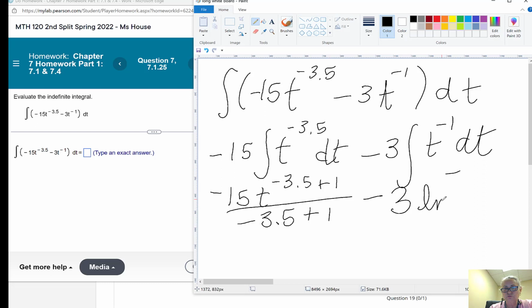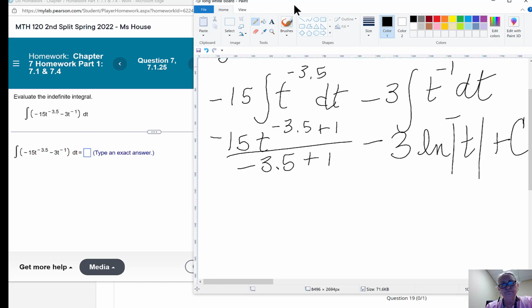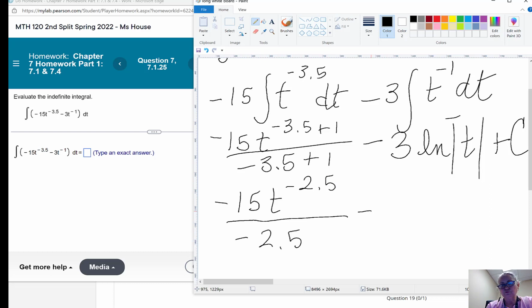So this is natural log, absolute value of t, and then plus c. So this is going to be negative 15 t to the negative 2.5 divided by negative 2.5, subtract 3, natural log, absolute value of t, plus c.